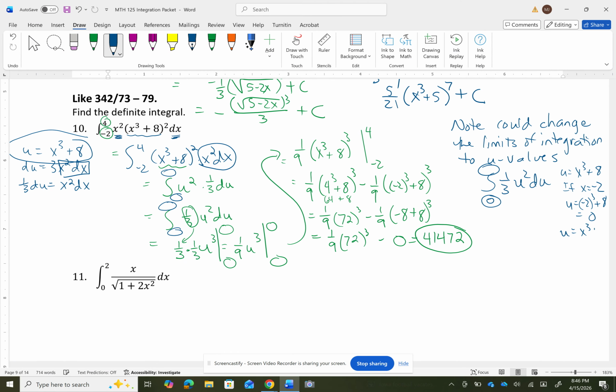Now, I could use that same rule, and if x equaled 4, plug the 4 in, and 64 plus 8 is 72, then this would have been a 72. Okay, so if you think about it and it makes sense to you, you could change the limits of integration to be the ones over here that go with x's. Okay, that's in terms of x's.